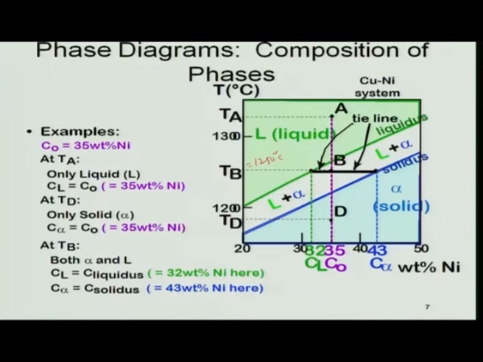So I draw vertical lines from these points and get the solid composition as 32% nickel, liquid composition as 43% nickel. Okay, sorry, the other way: solid composition is 43% nickel, liquid composition is 32% nickel, because the top one is liquidus, the bottom one is solidus.